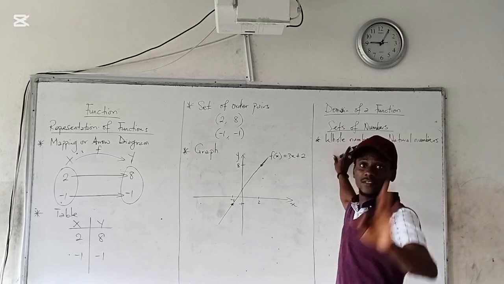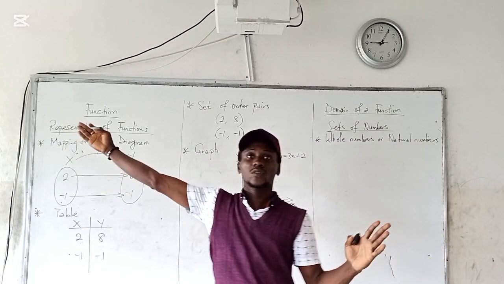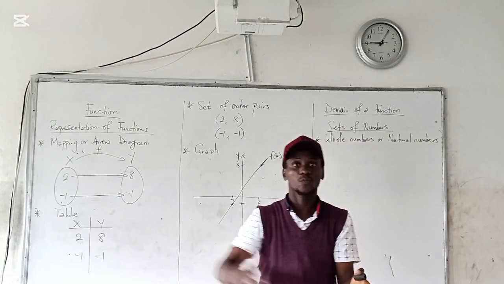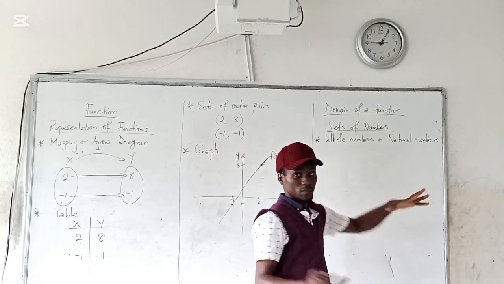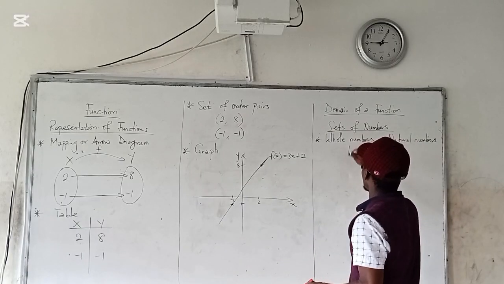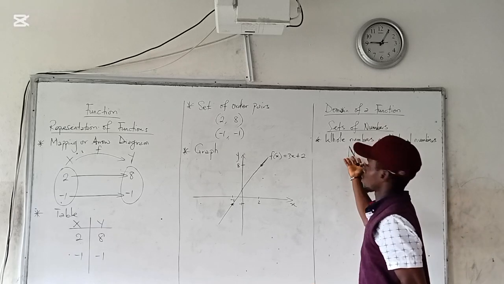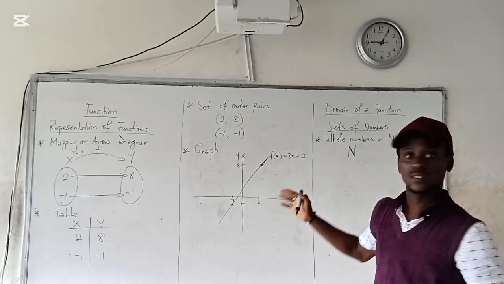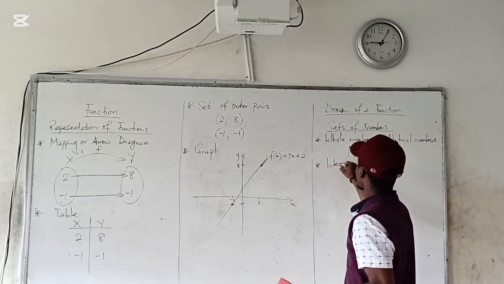Actually, the difference between them is that whole numbers start from 0 to positive infinity, but natural numbers start from 1 to positive infinity. So that's just the difference. So I just want to put the two of them as a particular set of numbers. I will present these whole numbers symbolically as this. You can represent it as this. So if you see this symbol in any math textbook, it stands for what? Whole numbers.